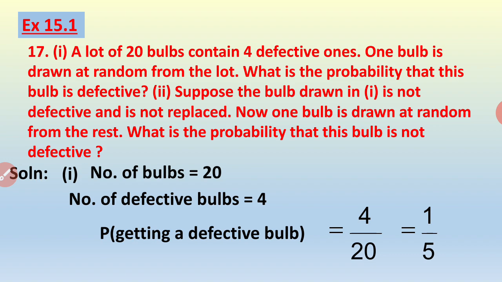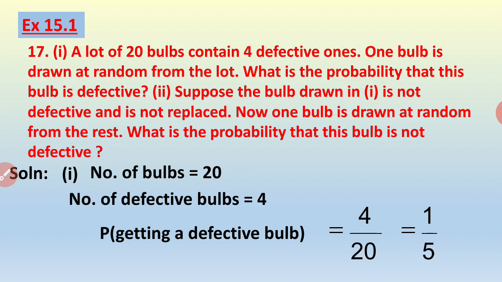Suppose the bulb drawn is not defective. The first part is, it is not defective and is not replaced. Not defective means good one. So whichever bulb we have taken, it is a good one.